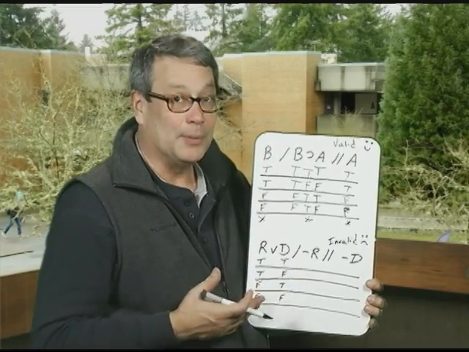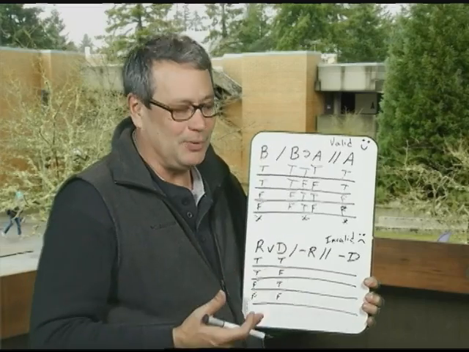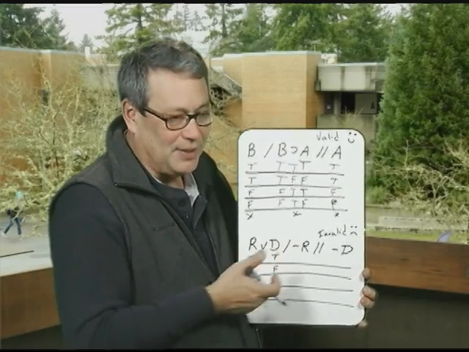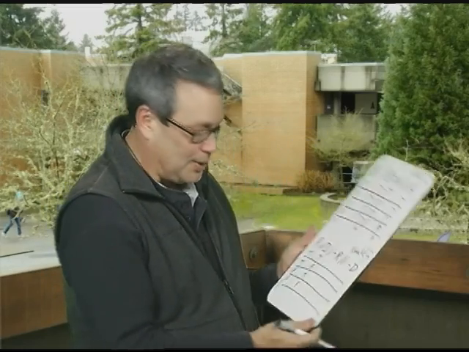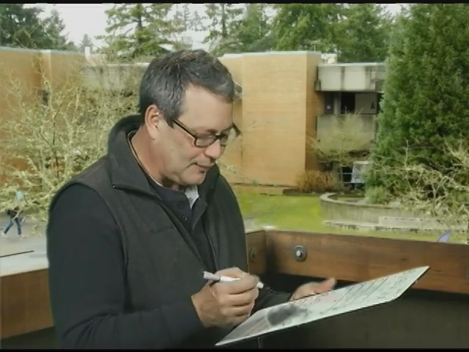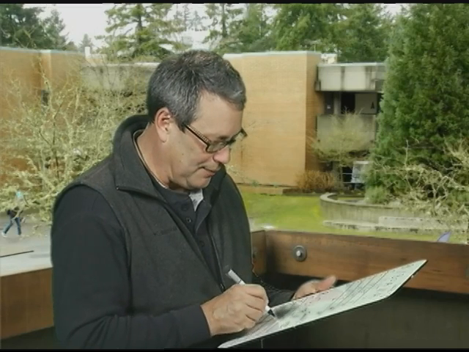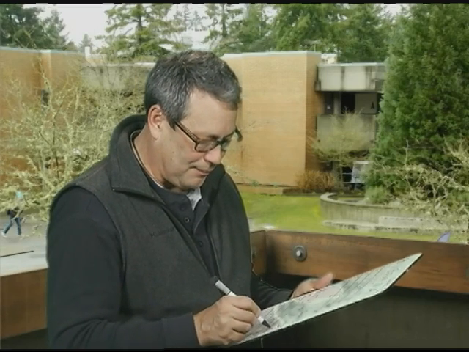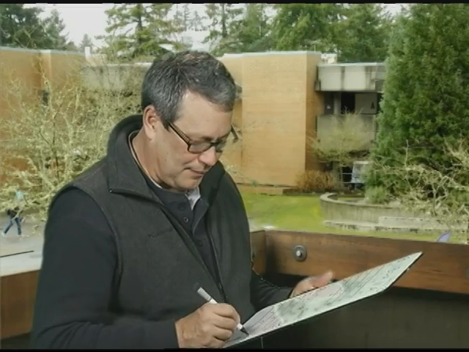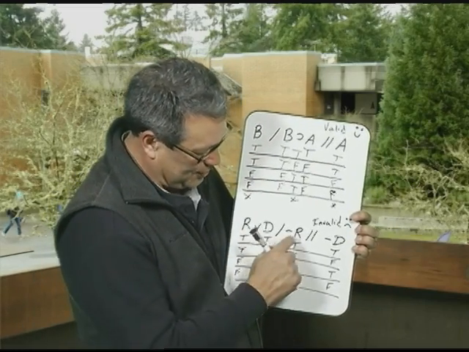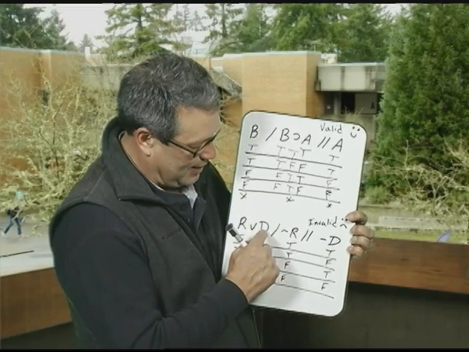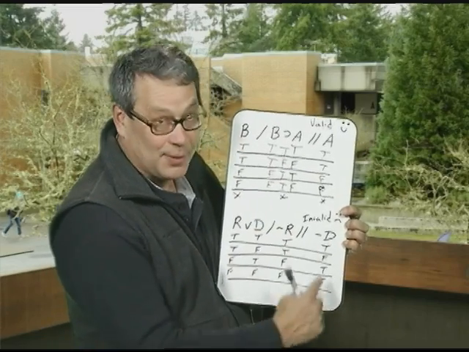With an invalid argument, by definition, it's possible to have true premises and a false conclusion. So I should find a tough row, if you will, a row where all the premises are true and the conclusion is false. So I'm going to quickly fill in these blanks. I'm going to do it exactly the way we've been doing it. I'll be consistent and make the columns underneath each letter the same. So if R is true, true, false, false, I'll do the same for each R. If D is true, false, I'll do the same for all the D's.